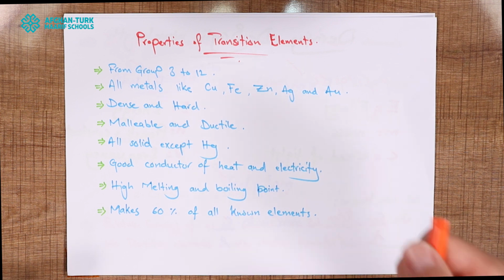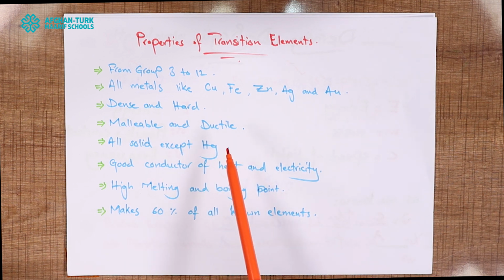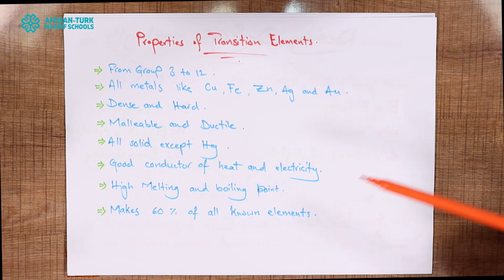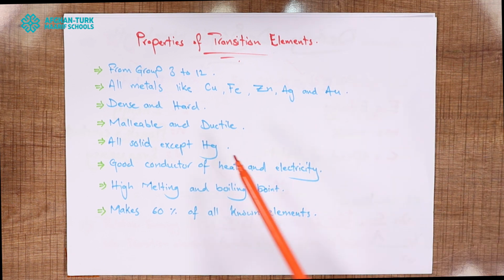If you beat iron with a hammer, it will become very thin, and if you beat it again, you can turn it into a very thin foil. Even gold, silver, all of them. And ductile means they can be drawn out into wires. For example, we can make wires from these transition elements. That's why we call them ductile.